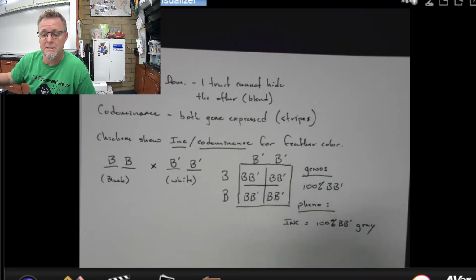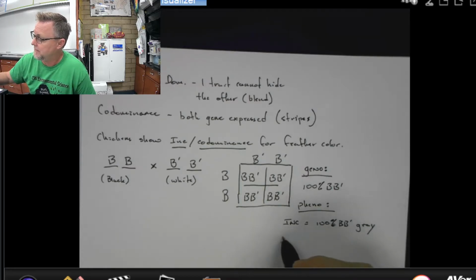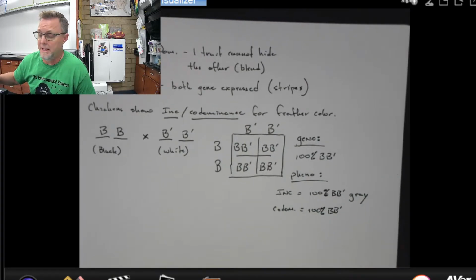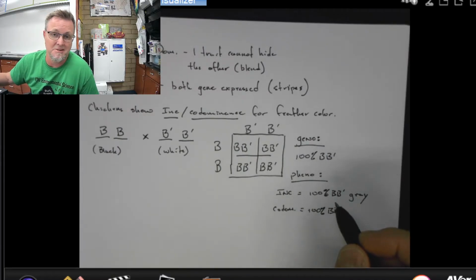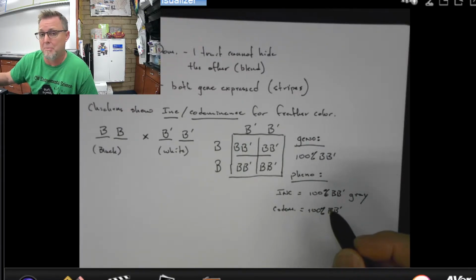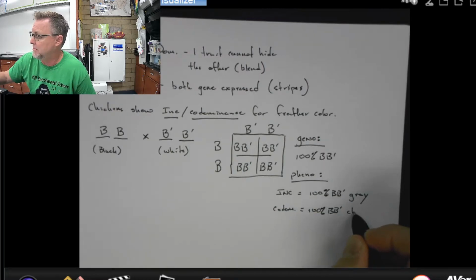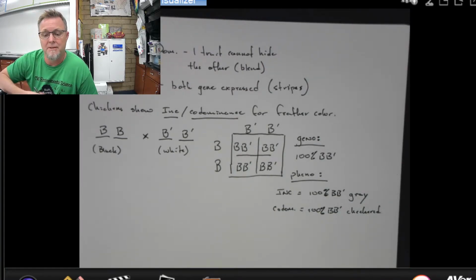If it was codominance, we'd still be 100% big B prime, but maybe your chickens look like, I don't know, checkered. They've got both black and white feathers, so we'll just put checkered. If they're big B prime, and it's codominant, because both of the genes are going to be expressed. Make sense so far? I hope so.